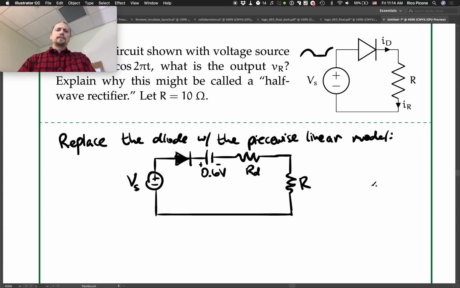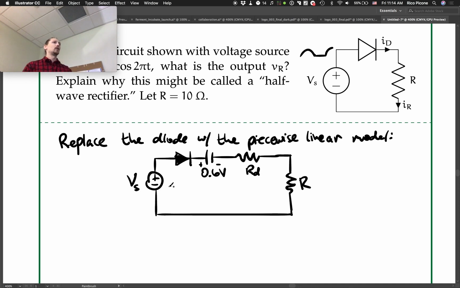We want to do our circuit analysis of this circuit. Remember, our method is to ignore what the diode is going to have as its elemental equation at first.